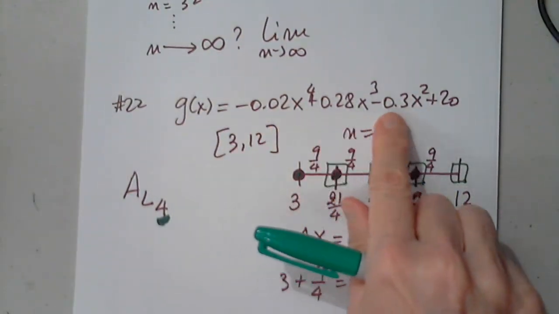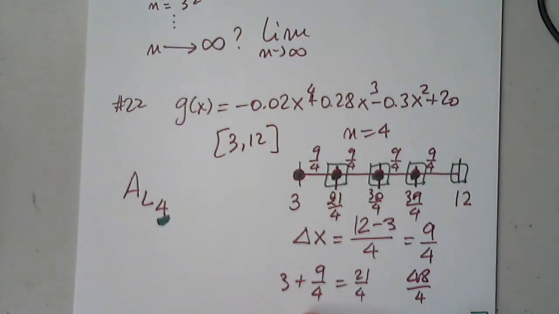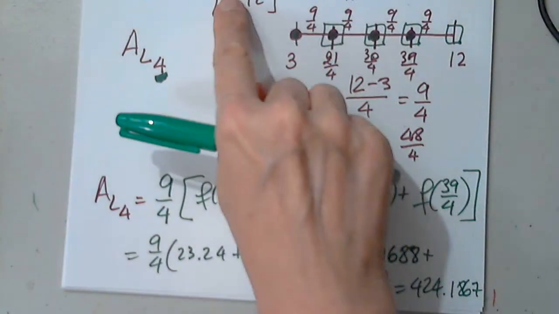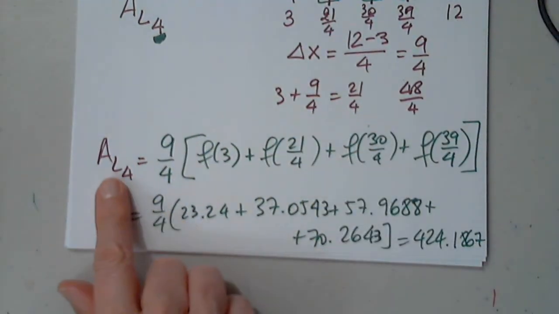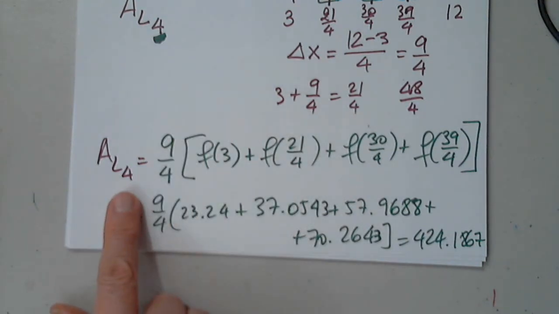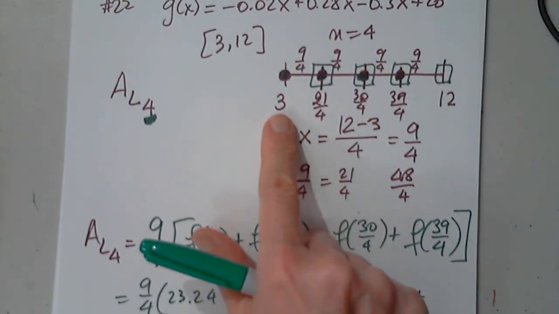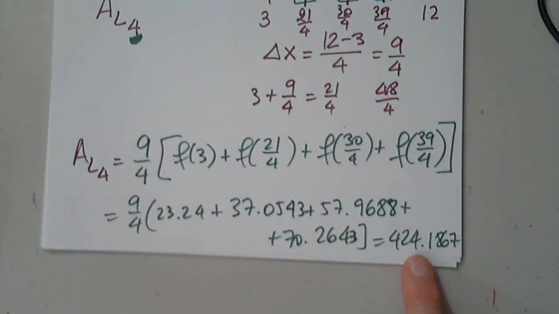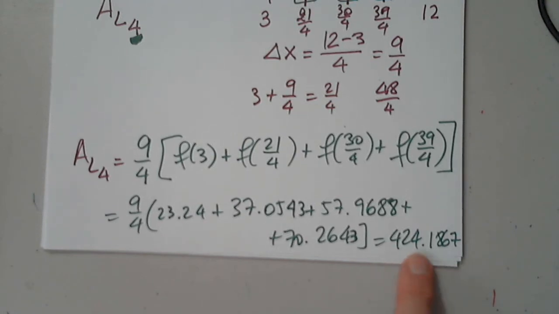If this is the profit, rate of change of the profit, not the profit. If this is the rate of change of the profit, the area under the graph between 3 months and 12 months, or 3 years and 12 years, is 424, I don't know, million, billion in profit. That's what the area under the graph represents.